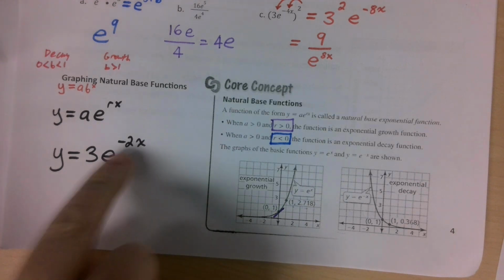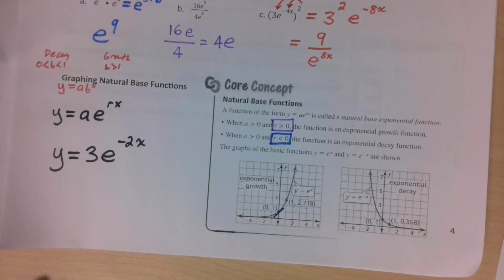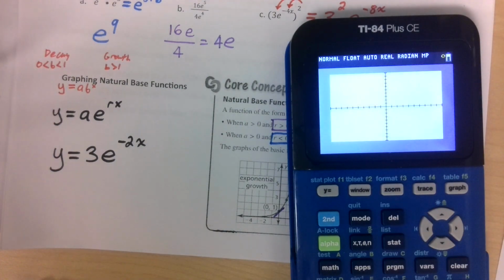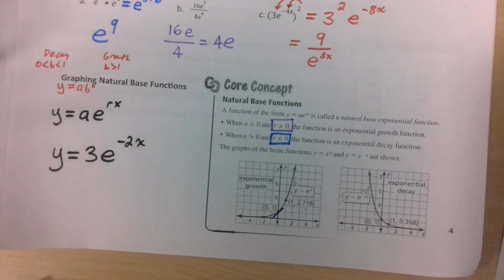We just say, is our r value negative or positive? Since it's negative, we would expect this to be a decay curve. Let's see it. Going to press graph. There it is. It's decay. So it's a much more convenient way of handling exponentials. It's very nice. Let's flip the page and actually talk about some applications of this.